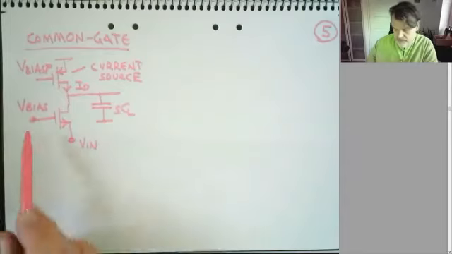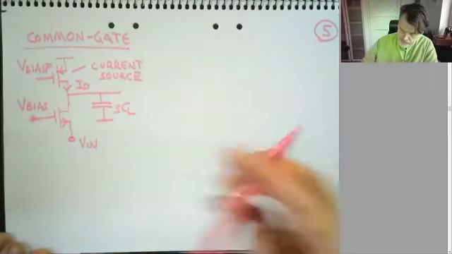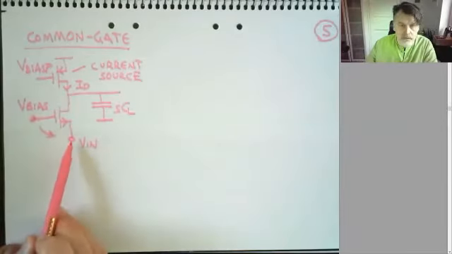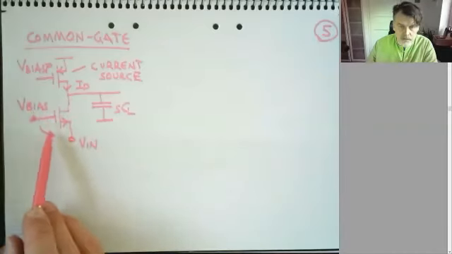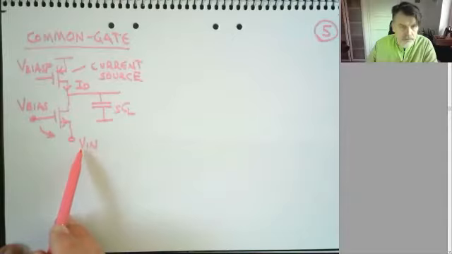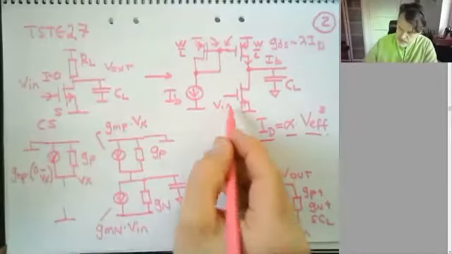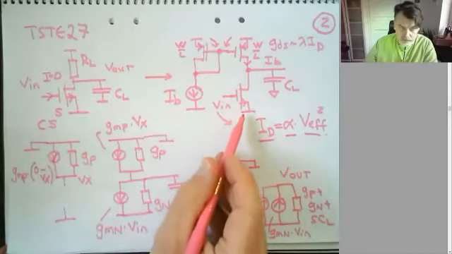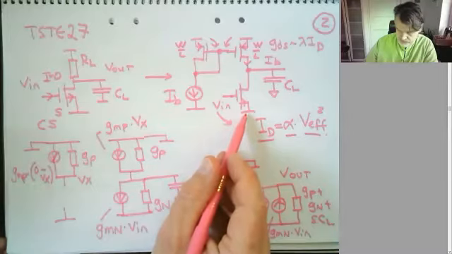And then we have something happening down here. But if you look at it, here, this is the gate source voltage of this transistor, going from an AC constant to a moving input voltage. That's very similar to our common source circuit, where I have a moving signal V in on the gate going to a constant voltage on the source.